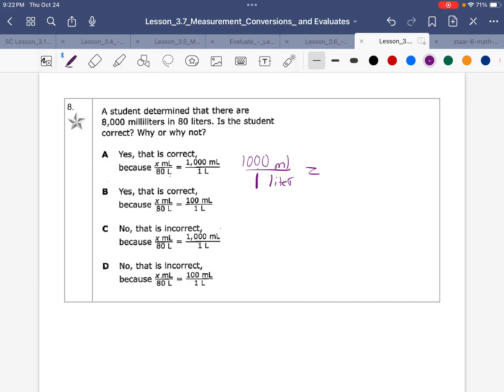So now we can convert that. Now if we have 80 down here, right? That would be 80 liters that they said we had, and they want to see is that 8,000 milliliters. So to go from here to here is times 1,000, right?